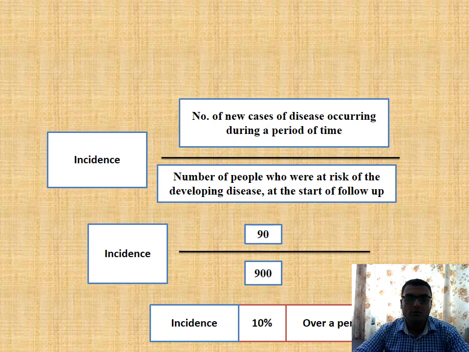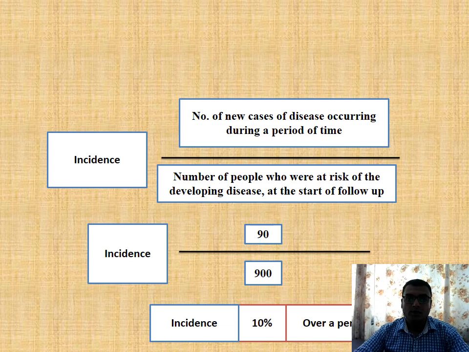Let's see how to calculate incidence. Incidence means the total number of new cases of a disease occurring during a period of time divided by the number of people who were at risk of developing the disease at the start of follow-up. In our example, 90 children developed measles during follow-up, and 900 children were at risk of developing the disease during our follow-up. So the incidence is 10% over a period of 1 year.